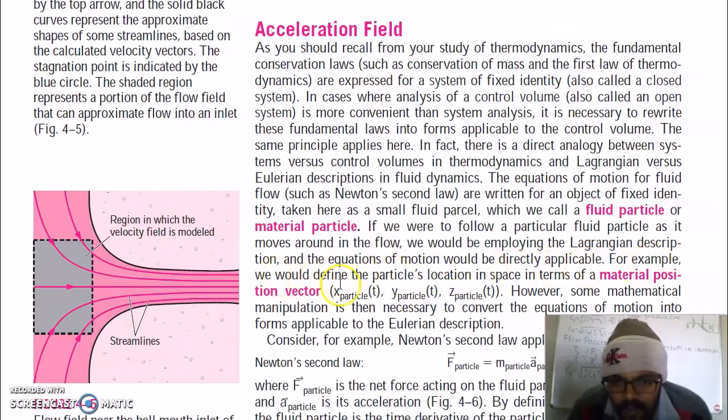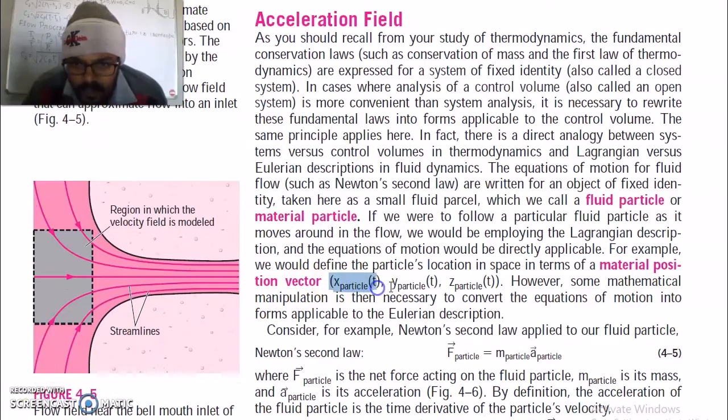For example, we would define the particle's location in space in terms of the material position vector, x particle, y particle, z particle. However, some mathematical manipulation is then necessary to convert the equations of motion into forms applicable to Eulerian description.